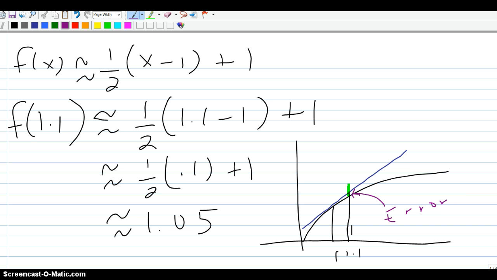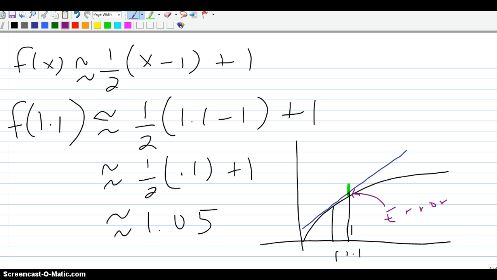And as you can see, the further I get away from 1, the bigger that distance, the bigger the error is going to be using that particular tangent line. But as long as I'm pretty close to 1, the tangent line is really very close to the actual function, and my answers using the tangent line will probably be close to within 1 or 2 decimal places, which frequently is going to be good enough. This is an overestimate again because the line is above the graph, giving us higher y values when I plug in the same value for x into the linear equation versus the actual function.